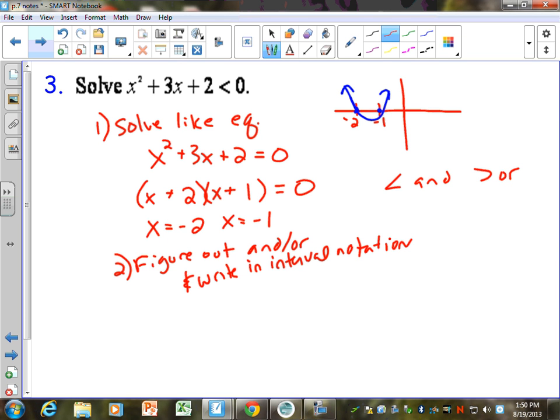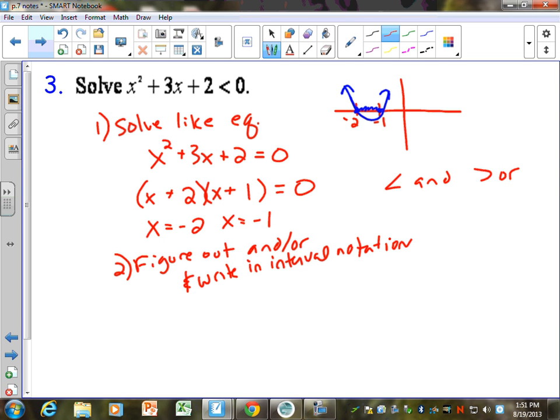So solve the equation, factoring, quadratic formula, complete the square, and then we're going to figure out whether we're going to write it as an and or an or statement. And this one, since less than means and, that means if I was going to graph this and shade it, it would be shaded on the inside, and I would need to say everything in between -2 and -1.